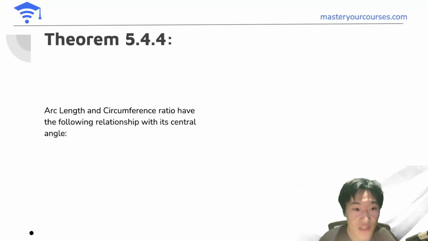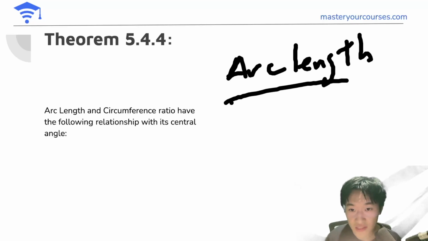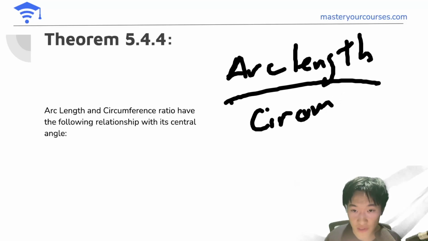Now, we have something with the arc length and circumference ratio. And it's that basically the arc length divided by the entire circumference. I'm going to shorten this.